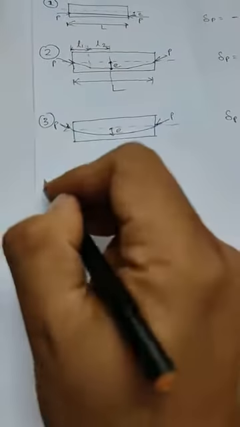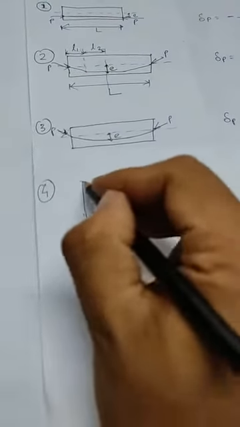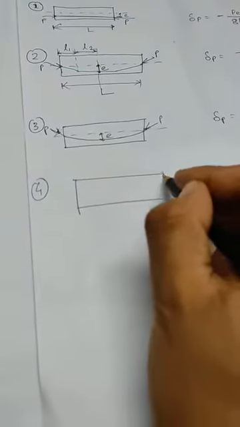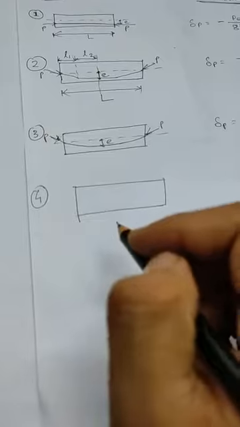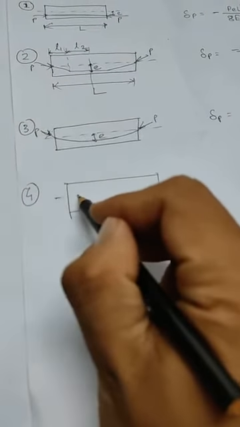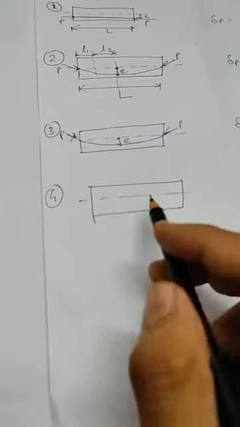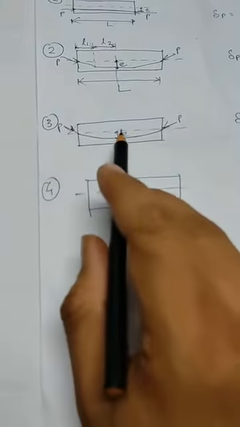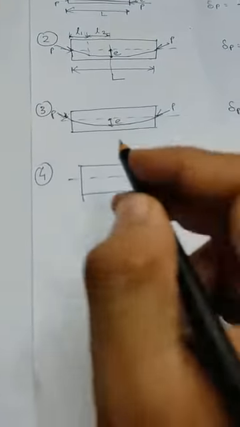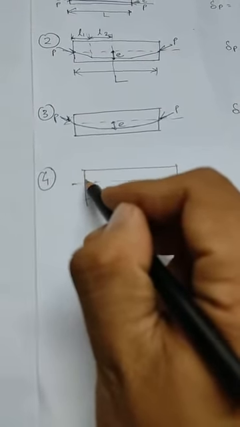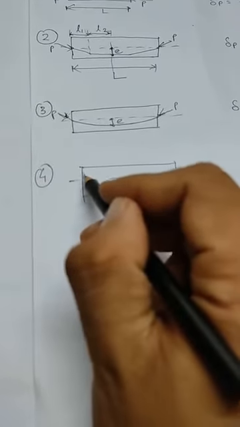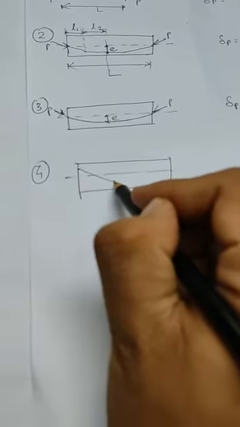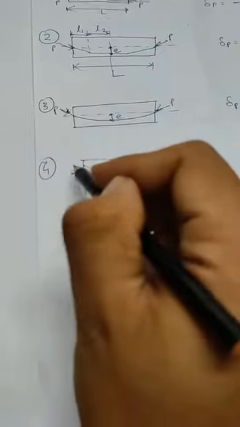Okay, and number 4, this is a rectangular beam and this is the neutral axis, but a different case: from here to here the tendon does not start from the neutral axis, it is upward from the neutral axis and goes on like that.